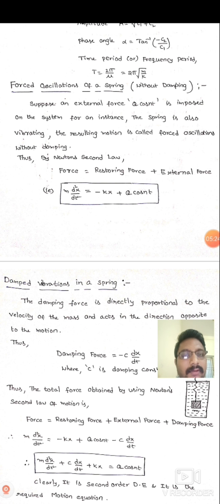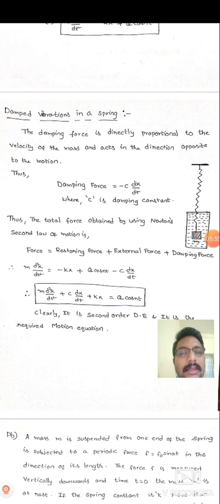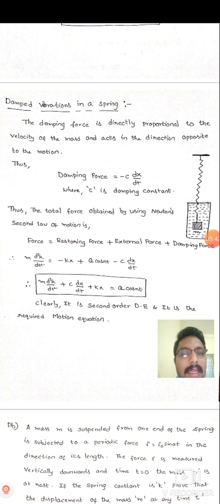Damped vibrations of a spring are obtained by taking a damping force which is directly proportional to the velocity of the mass and acts in the direction opposite to the motion.